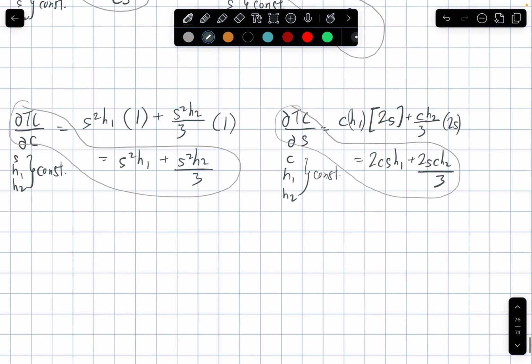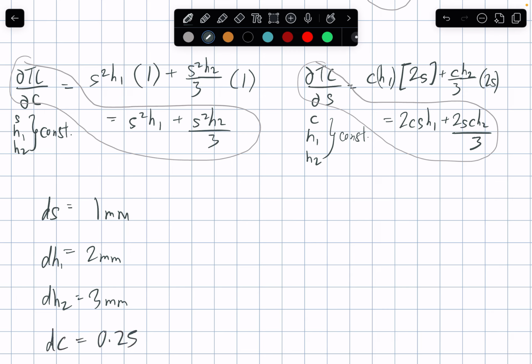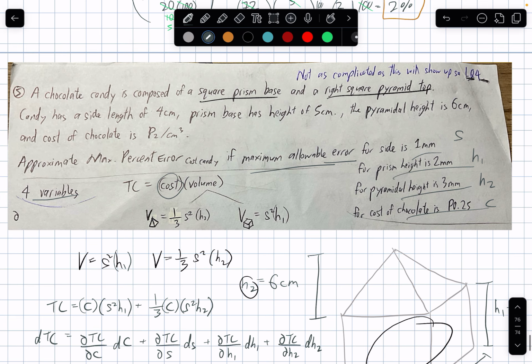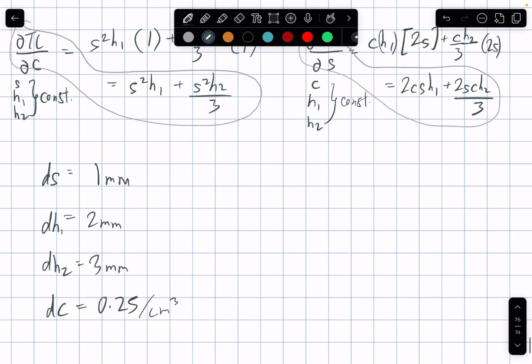So just to tally, dS is 1 millimeter, right? dH1 is 2 millimeters. dH2 is 3 mm. dC is 0.25 per cm cube. So we convert the rest to cm.